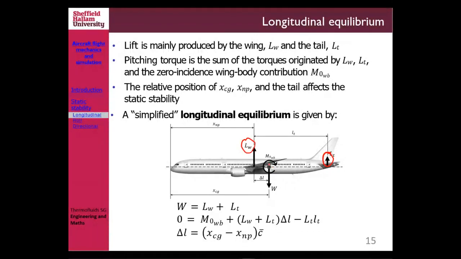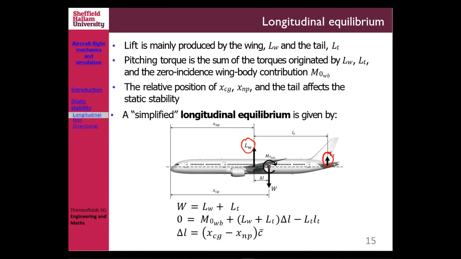that moment is basically the moment created by the lift from the wing, the moment created by the lift from the tail, and also the inherent moment, which is based on alpha being 0, created by the wing body. So if you analyze the aerodynamics, you always know that apart from the lift, your airfoil, for example, also has a moment.